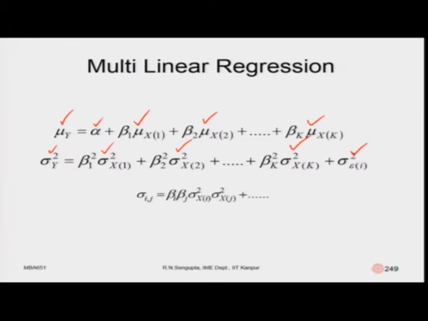And finally, sigma i j will basically be beta i into beta j, into sigma square x i and sigma square x j, where beta i and beta j are the partial regression coefficients, and sigma square suffix i and sigma square suffix j are the corresponding variances of the ith and the jth x values.